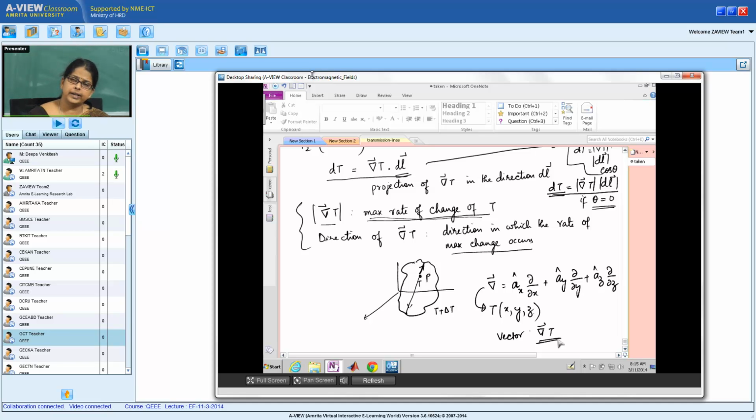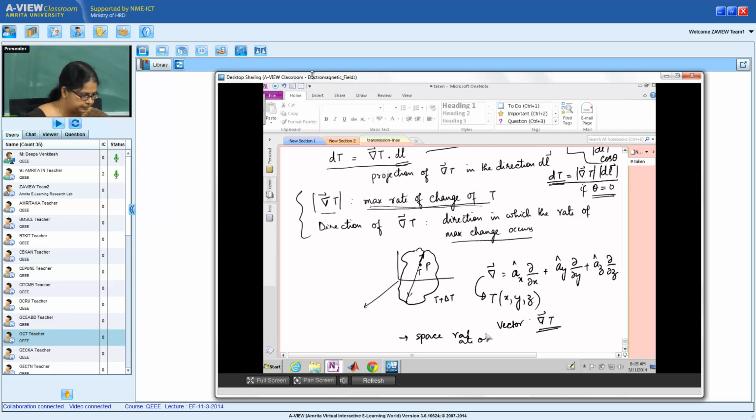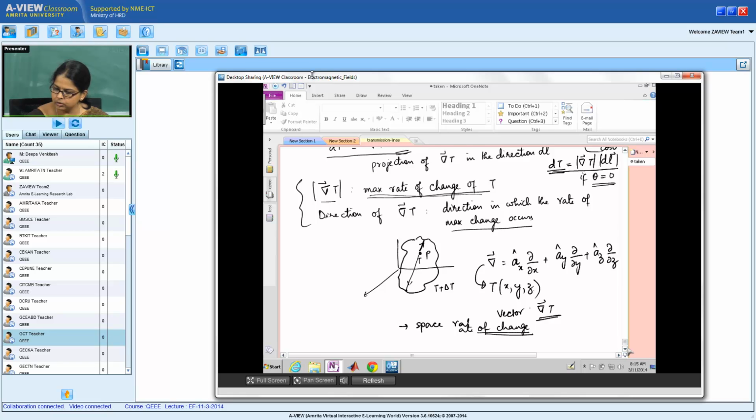So gradient in short tells me the spatial rate of change in the direction of the maximum change. Going to be useful later, we will come to that.